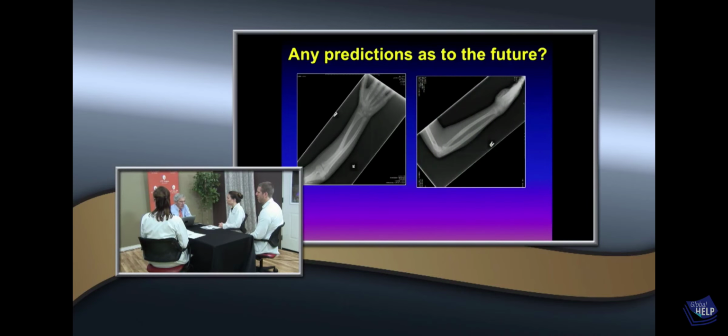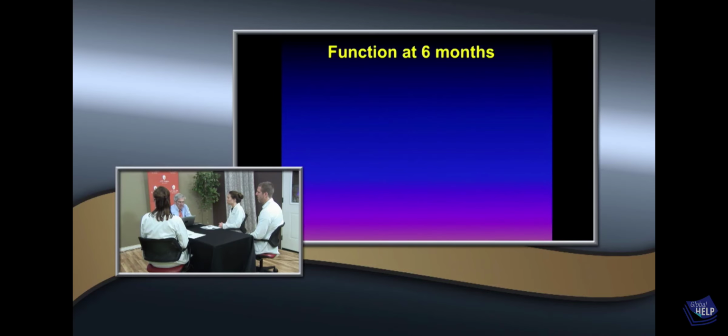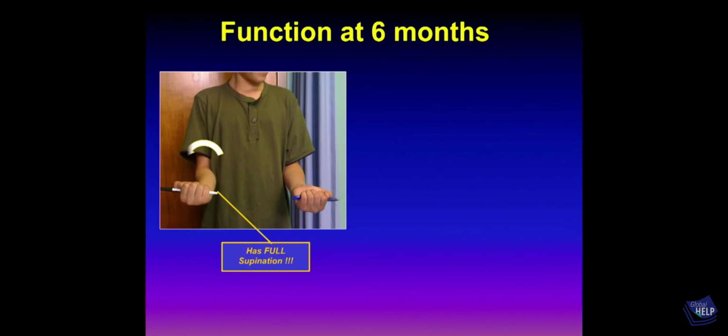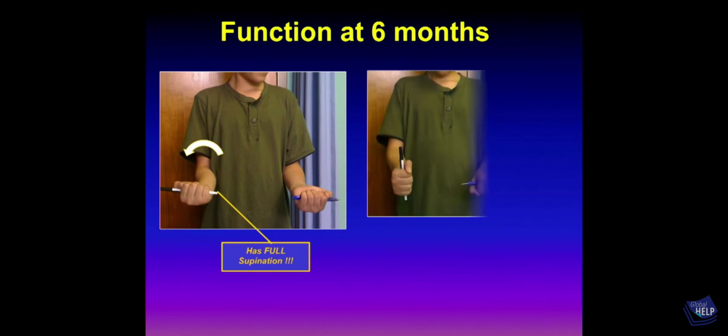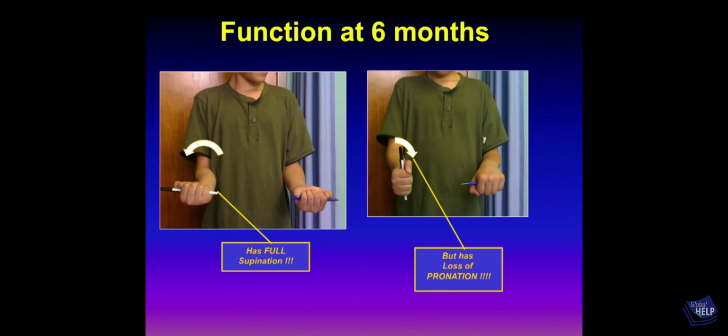He went on to heal, but he came back at 6 months, and since you put him in supination, he's got full supination, but he can only pronate to 90 degrees. That can be a bit of a problem, especially nowadays when we do a lot of things with computers and typing, so we do a lot more activities in pronation.